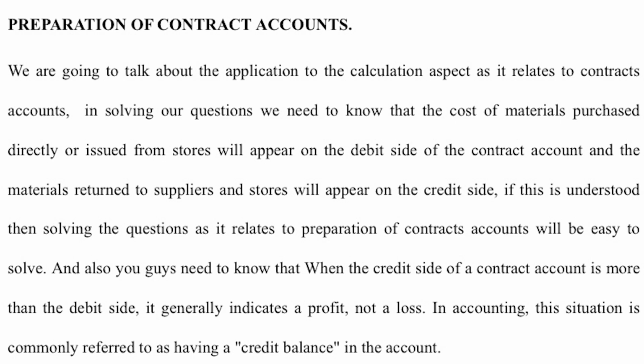And the materials being returned to stores will have to appear on the credit side. So if this little stuff I said is understood, then solving our questions as it relates to preparation of contract accounts will be easy.